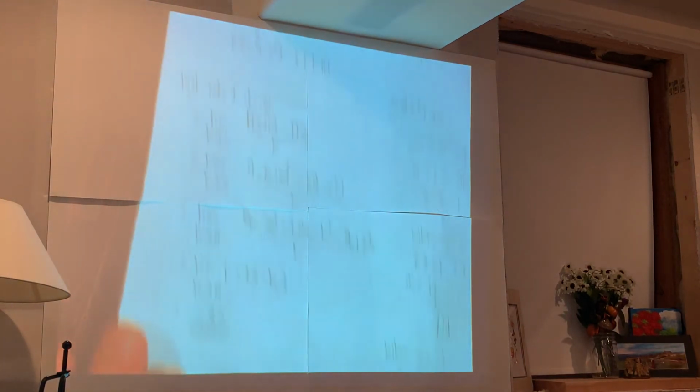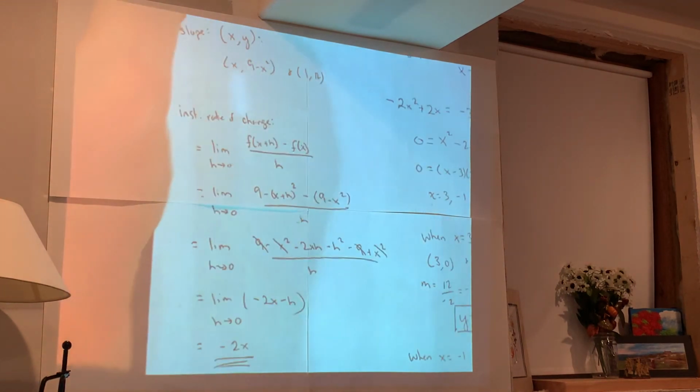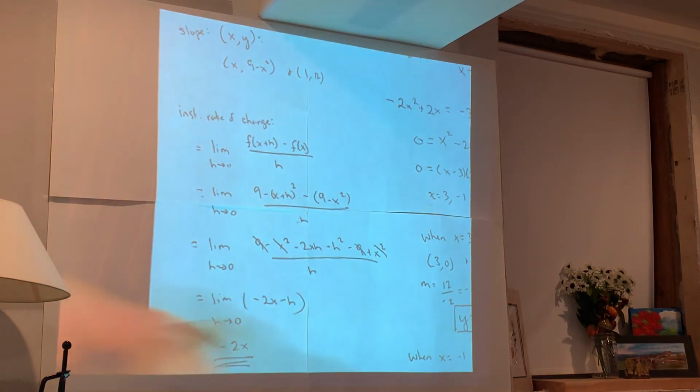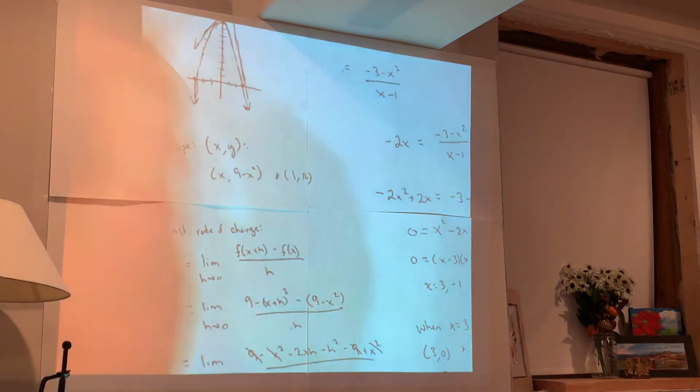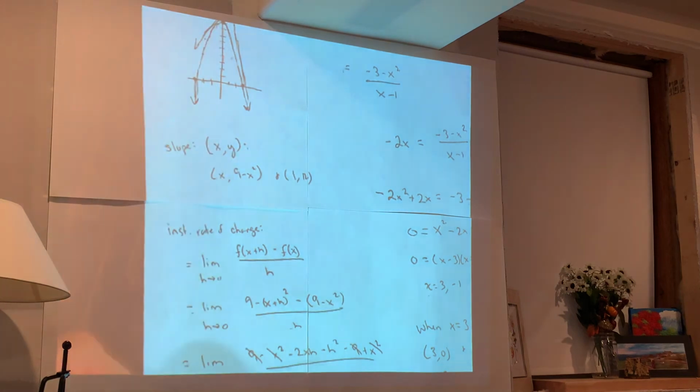But then when I did this work on the instantaneous rate of change, this is telling me my slope everywhere along this curve, the slope of the tangent line. So I want to know when the slope of that tangent line is equal to the slope from any point through that point (1, 12). And so that's why I set those two equal.